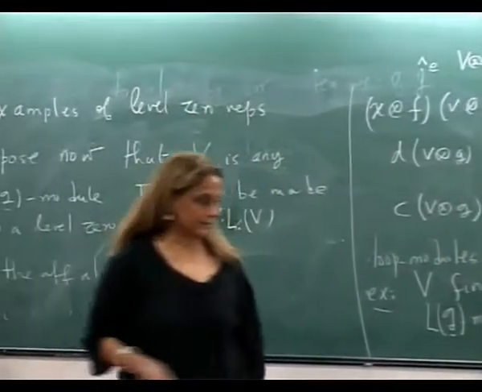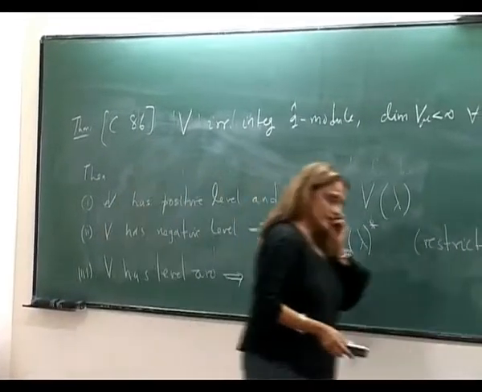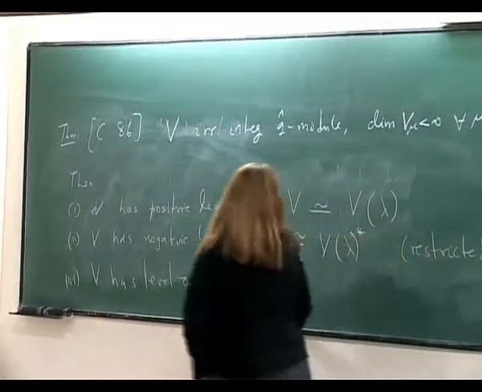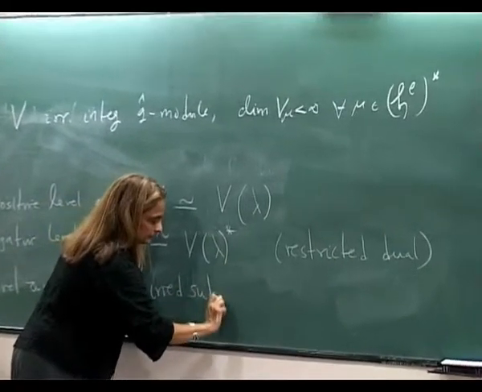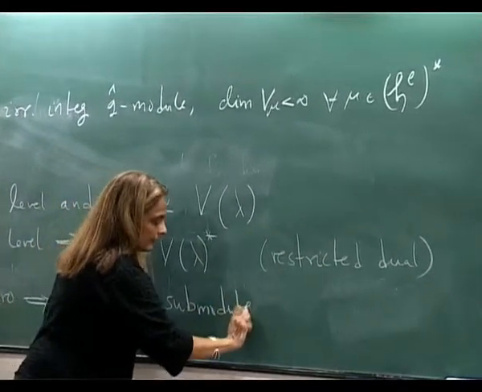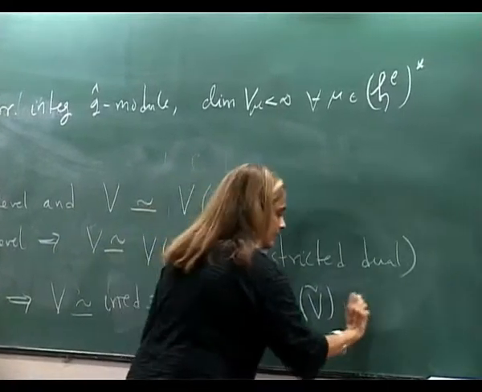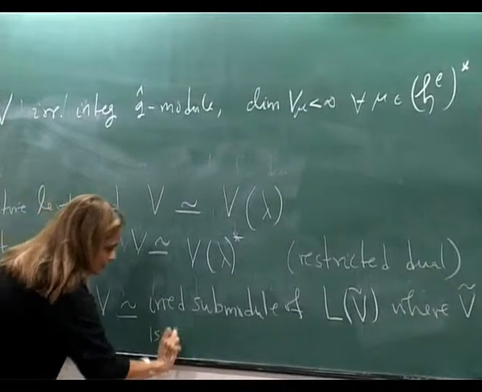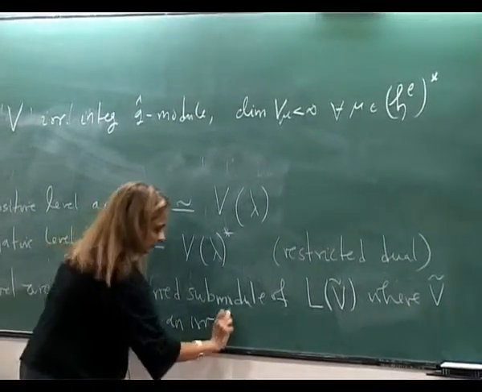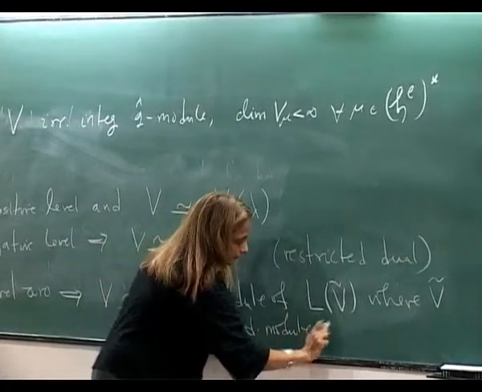So now I can state the theorem, complete the statement of the theorem. I'll say a little more about that example, but let me complete this. So V at level 0 implies that V is isomorphic to an irreducible submodule of some L of V tilde, where V tilde is an irreducible finite dimensional module of LG.